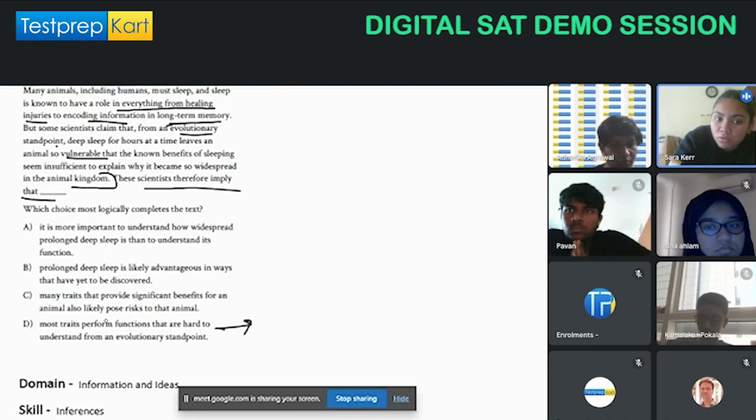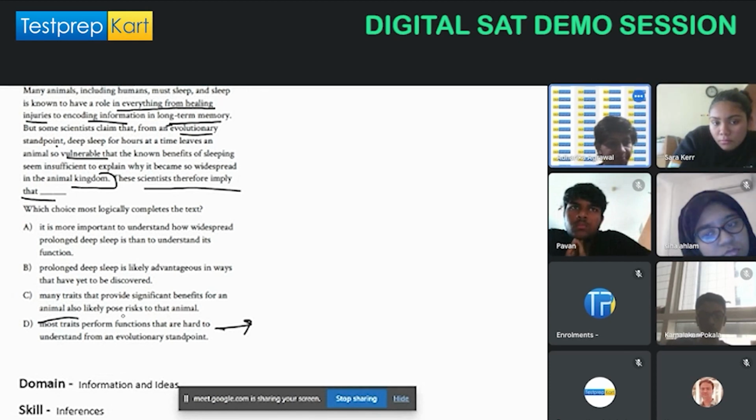So D would be most unlikely because that means they'd have to examine each and every animal. So they are talking about most traits, right? Yeah, but in the paragraph, they are talking about only prolonged sleep. They didn't talk about the other traits, right? Yeah. So how many of you think that this could be the answer?